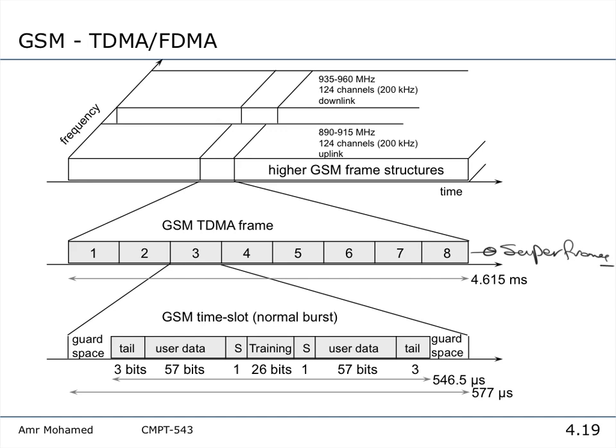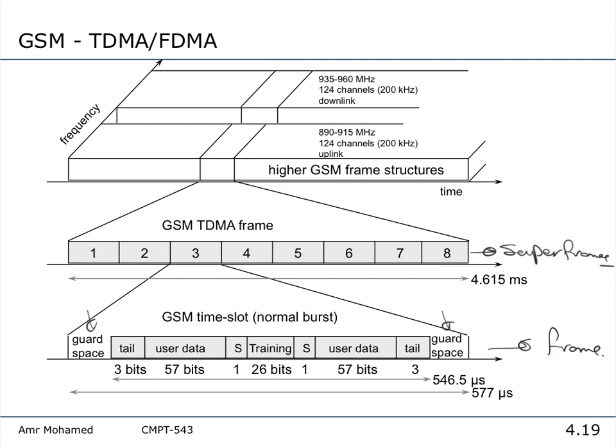This frame occupies one time slot. This frame for one mobile station has a specific format. The format is guard spaces. We have guard spaces on the left and right. These usually account for propagation delay.